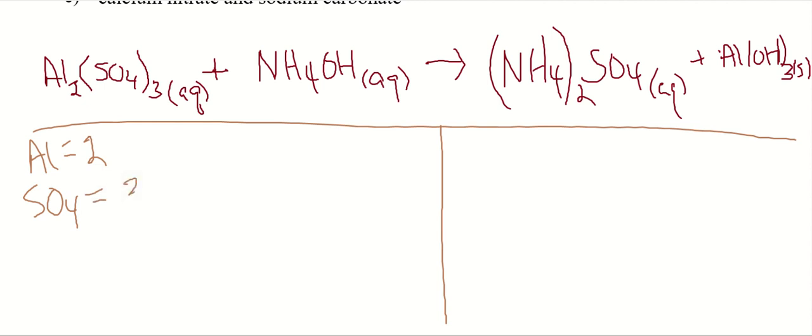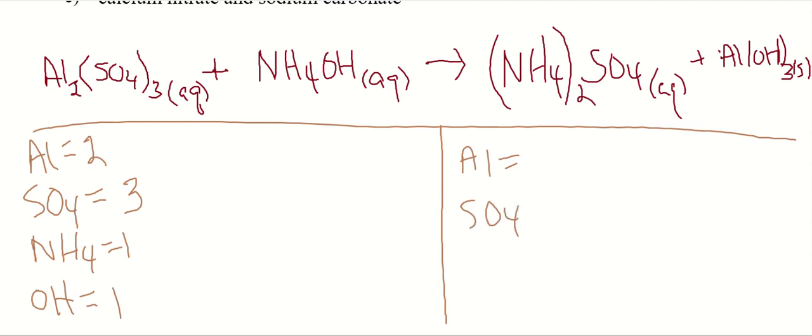So there's 3 sulfates on the reactant side, and ammonium there's 1, and then hydroxide there is 1. In that same order, we've got 1 aluminum on the product side. We've got 1 sulfate, 2 ammoniums, and 3 hydroxides.